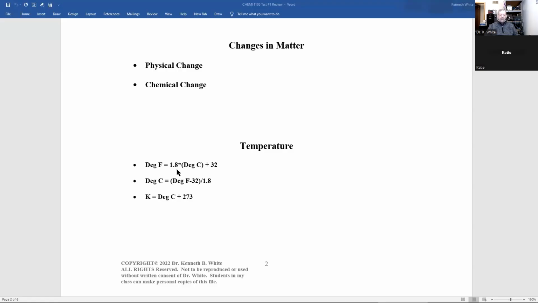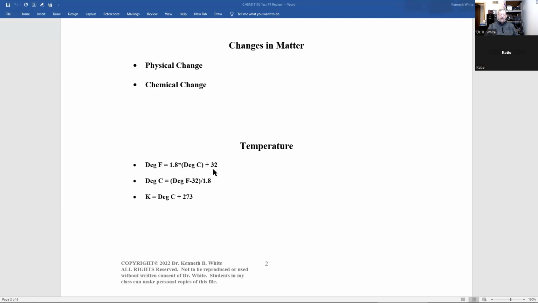And if you do that 3 or 4 times, you lose points, and that won't help your grade. So use proper significant figures for all calculated answers. Now, I'll cover that in a little while in this review, but remember, in each of these formulas, the only thing that has significant figures is the temperature.